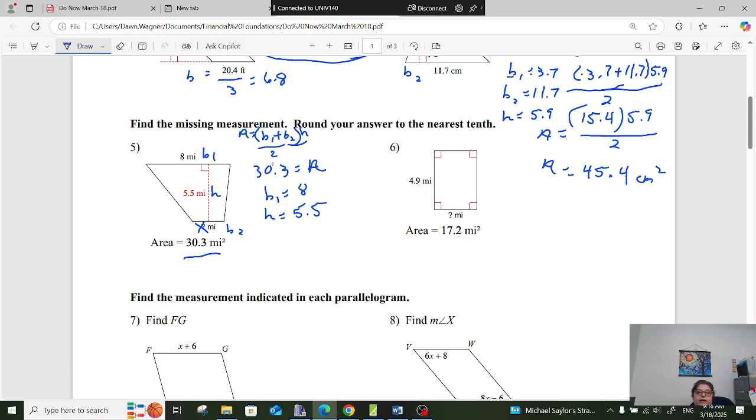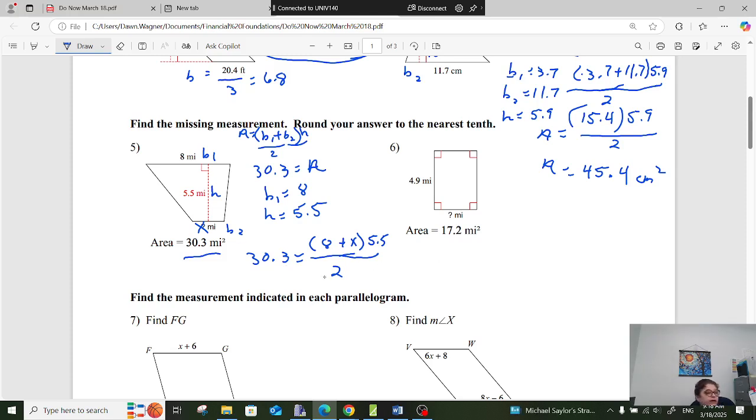So area goes on this side because it is the answer. So 30.3 is on its own. And then I have base 1 is 8 plus x times 5.5 divided by 2.